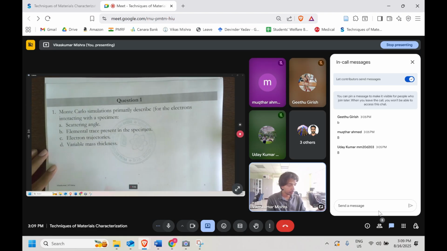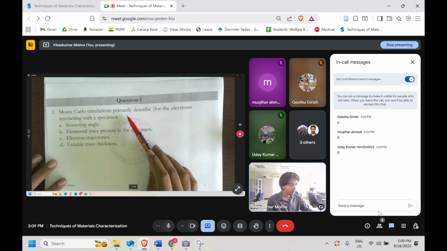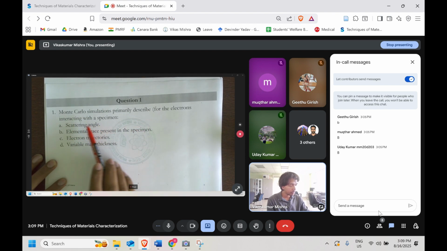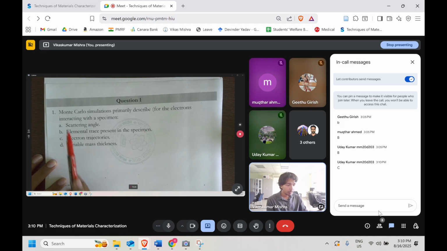Question number 1. Monte Carlo simulation primarily describes the electron interaction with the specimen. A. Scattering angle, B. Elemental trace present in the specimen, C. Electron trajectory, D. Variable mass thickness. What do you think this particular simulation talks about?